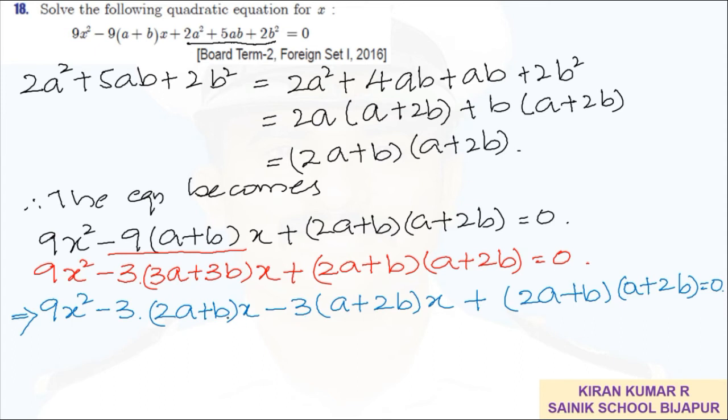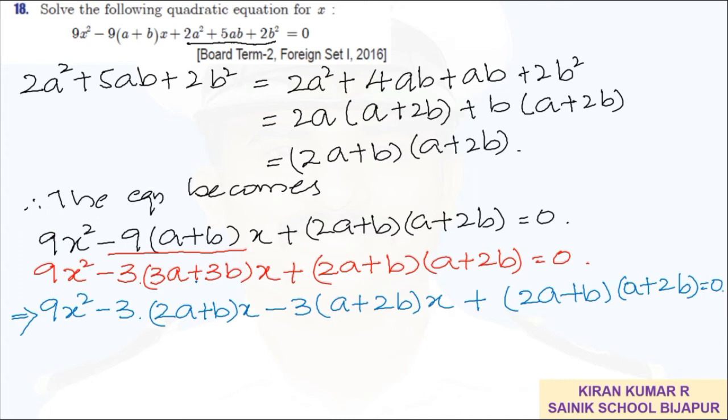Alright, here I have written 3a plus 3b as 2a plus b, and one more time a plus 2b, so that upon addition we'll have 3 common, x common, 2a plus a becomes 3a, b plus 2b becomes 3b.